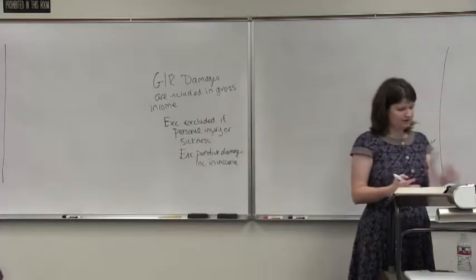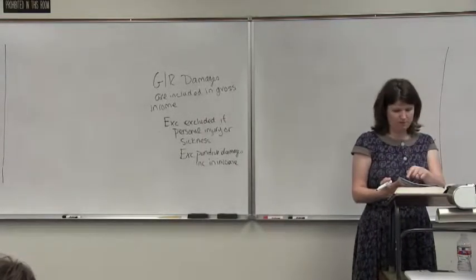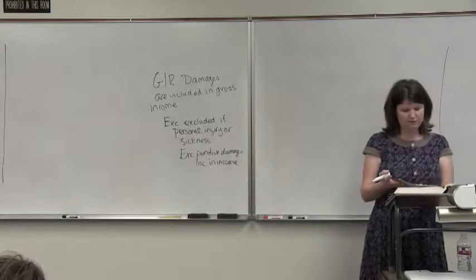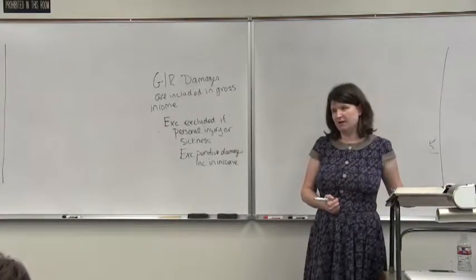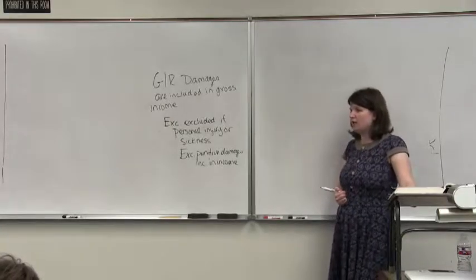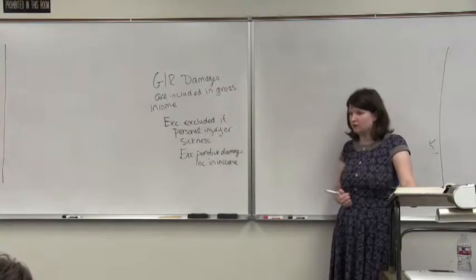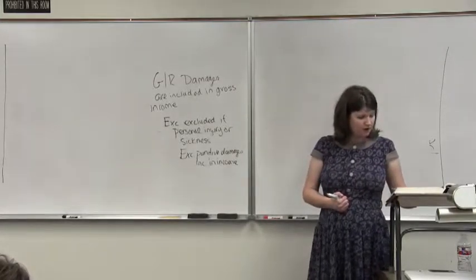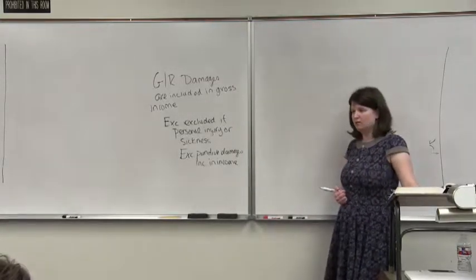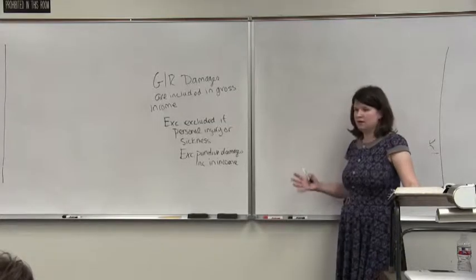Okay? And he received some damages, which are on page 5.1. He received $30,000 for medical expenses because he was hit by this van. Is that excluded from income or included? Excluded, right? Related to his injury. He received $100,000 for injury to his right arm. These are compensatory damages. Is that excluded?